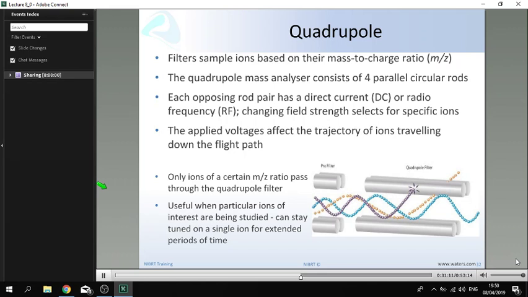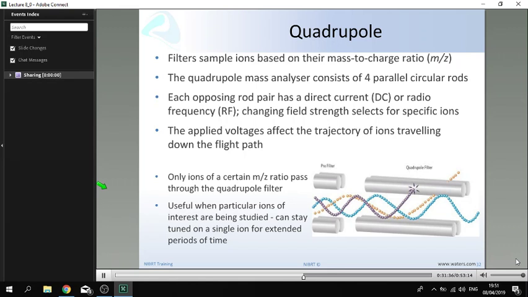So we can basically zoom in on some, like the one in blue that you can see here. That is a certain mass to charge ratio that will go through the quadrupole filter all the way to the detector. The purple, yellow or orange ones will be skewed from the trajectory and will not be detected. So only ions of a certain mass to charge ratio will pass through the quadrupole filter.